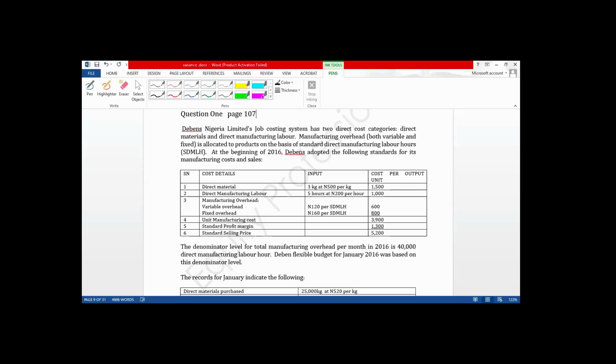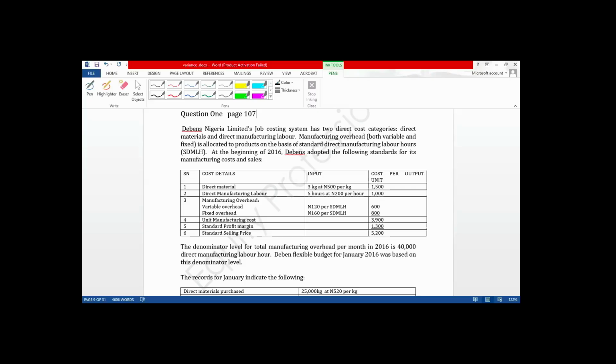The denominator level for total manufacturing overhead per month in 2016 is 40,000 direct manufacturing labor hours.